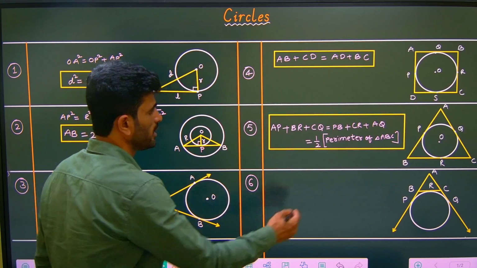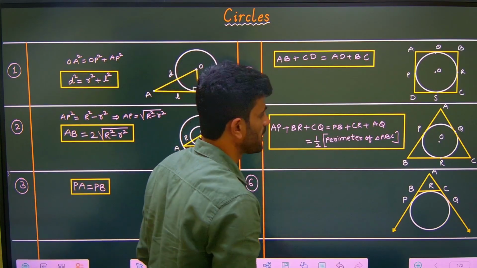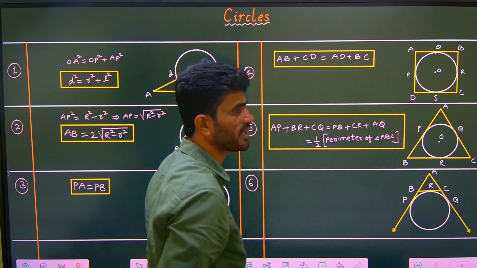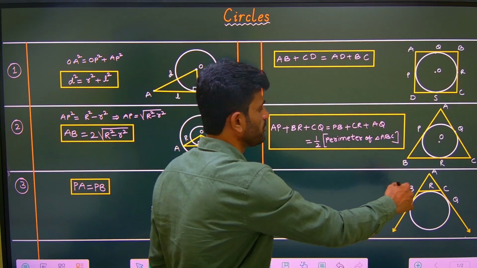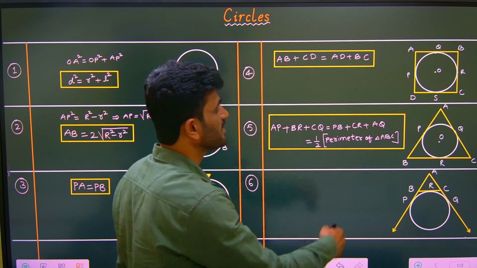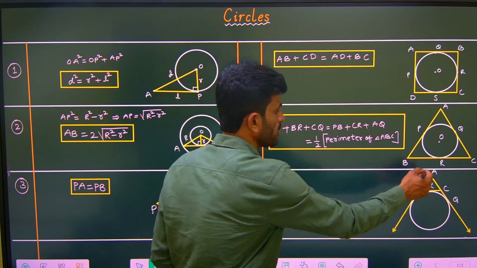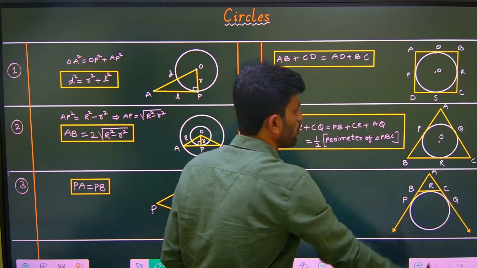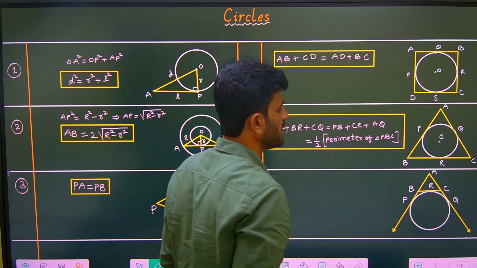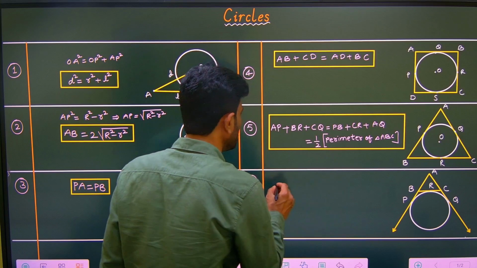And one more, what is happening here? The triangle is not circumscribing the circle, but externally, when you extend two sides of the triangle, they touch the circle. So we can call it the excircle of the triangle. AP and AQ are the two tangents touching the circle at P and Q, and BC is one more tangent touching the circle at R. Then what happens in this case?